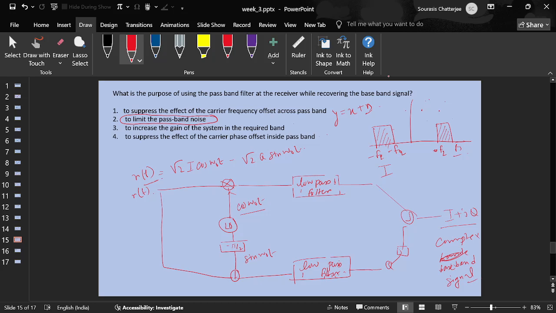Or is it not? Why do I need a passband filter in the first place? It's like x is already limited to that band only, so why should I need to pass y through the passband filter?